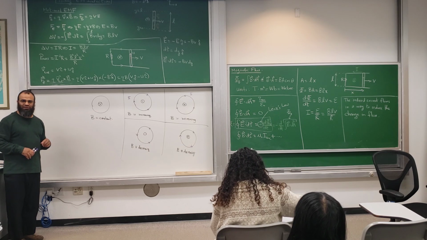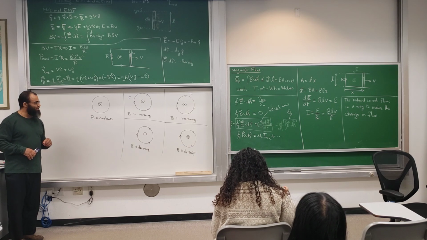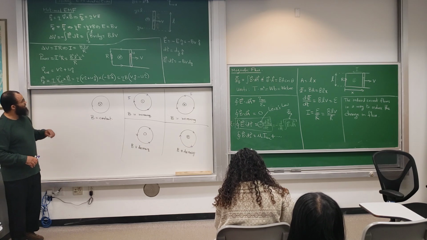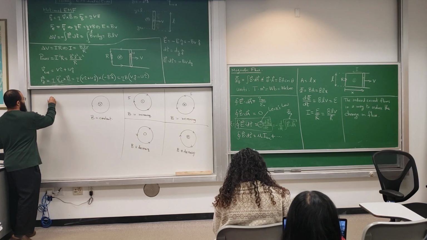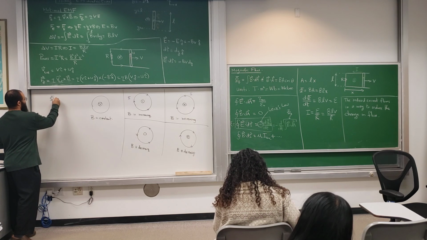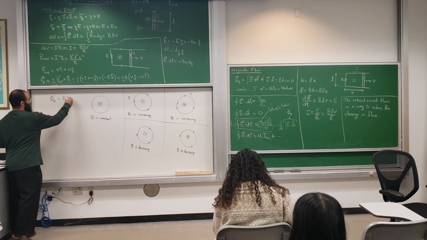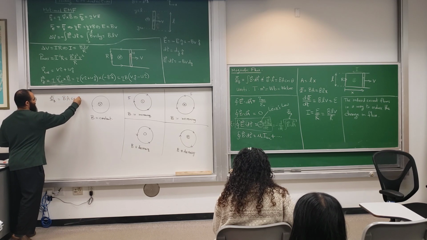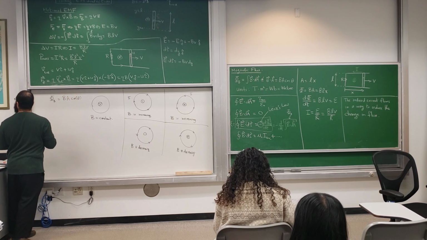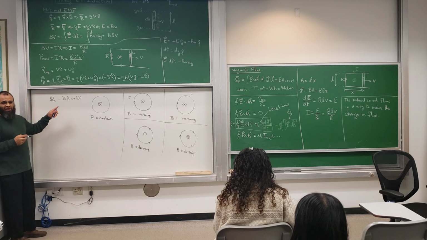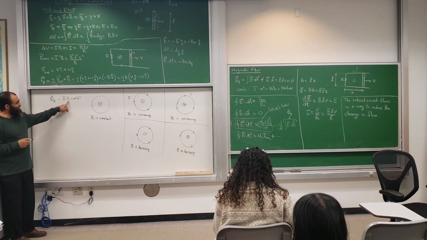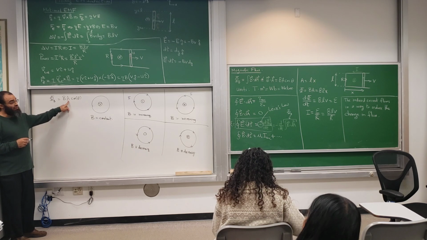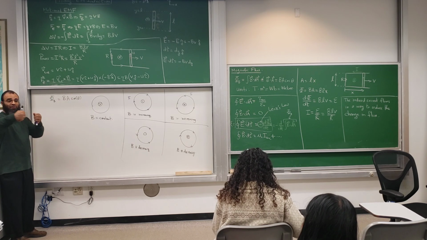Now, how do you change the flux? There are different ways. Magnetic flux is B A cosine of theta, right? How do we change the magnetic flux? I can make the magnetic field stronger or weaker. We can make the area bigger or smaller, like we did with the slider, the rod.